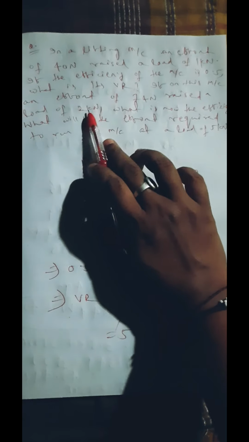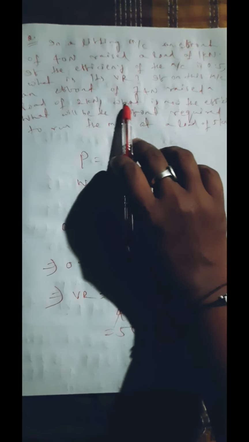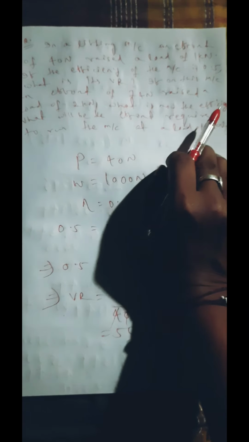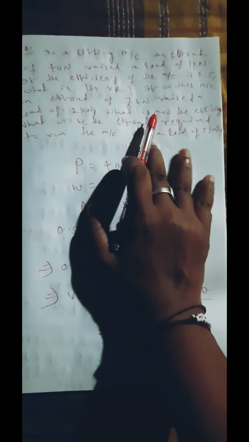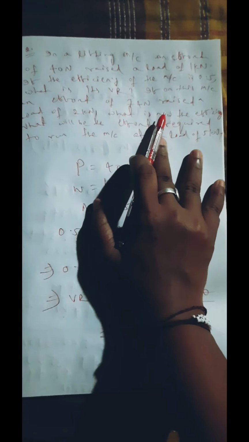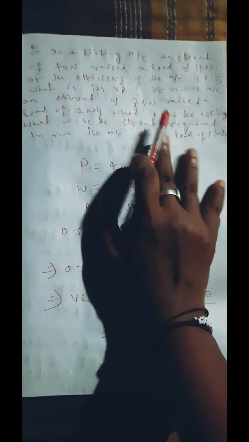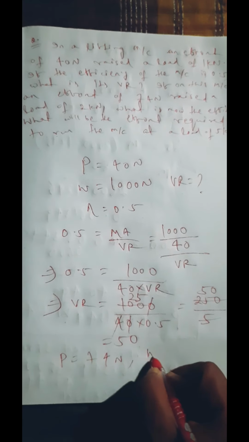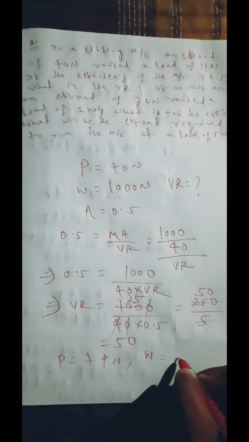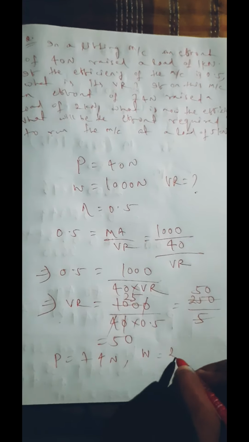It is again asked that if on this machine an effort of 74 Newton raised a load of 2 kilonewton, what is now the efficiency? So in this question, when the effort is 74 Newton, the load is 2 kilonewton, that is 2000 Newton.